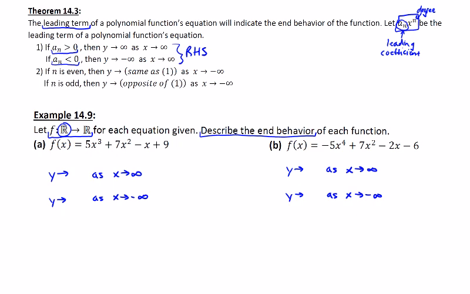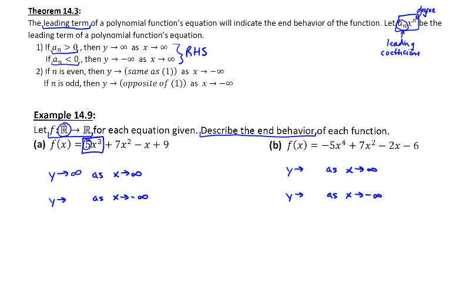For part A, we have f of x equals 5x to the third plus 7x squared minus x plus 9. 5x to the third would certainly be the leading term, and 5 would represent the leading coefficient. 5 is larger than 0. It's positive. So that means that the y value is going to be approaching positive infinity as x approaches infinity. That's what statement number 1 helps us with.